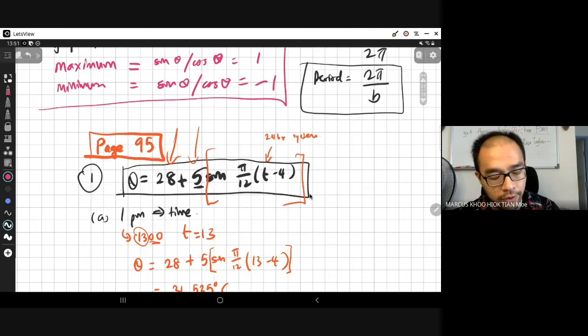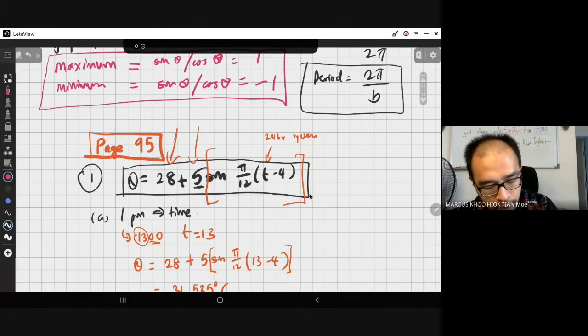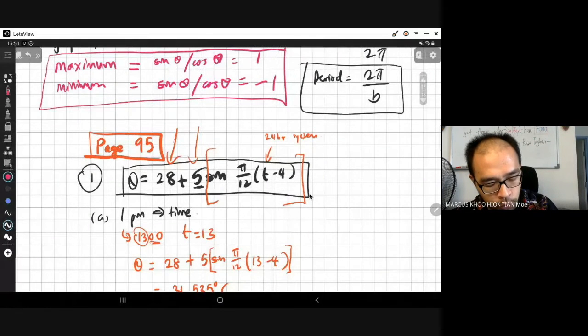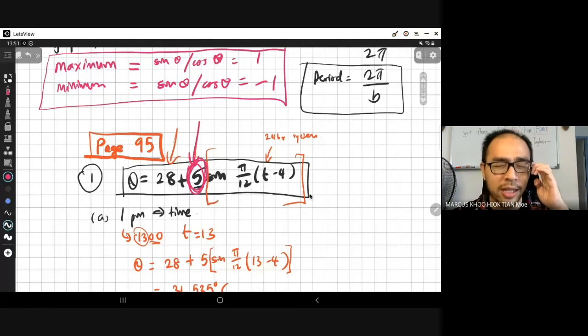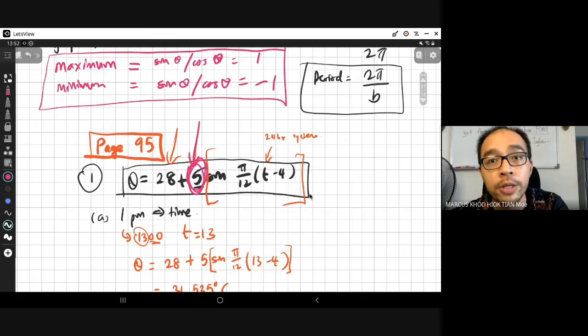You want to have this mindset. Don't worry about this number. There is also this number 5, why? That we can leave for later. But we know that for sine and cos, the maximum value is 1 and the minimum value is -1. These are the two most important traits of trigonometric graphs.